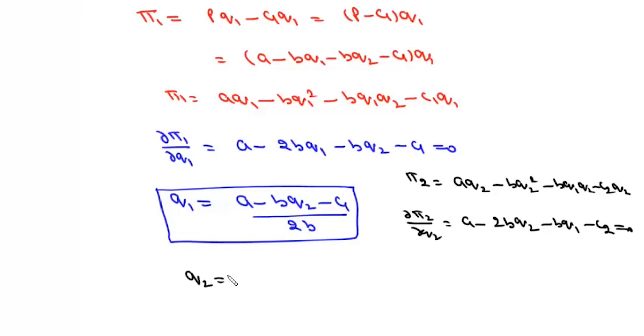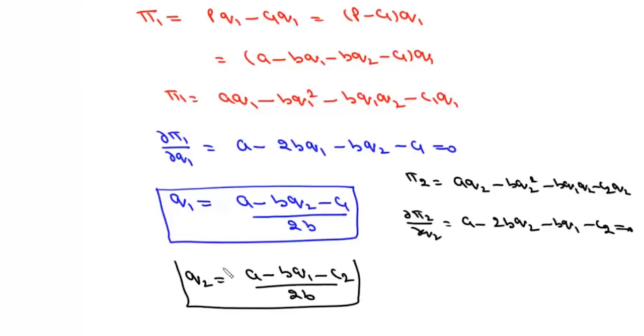So from here we get the best response for firm 2, given by A minus BQ1 minus C2 upon 2B. Now we have the best response for both the firms.